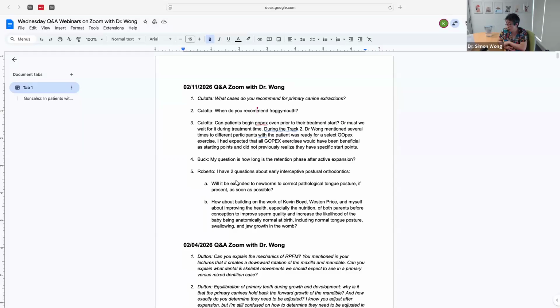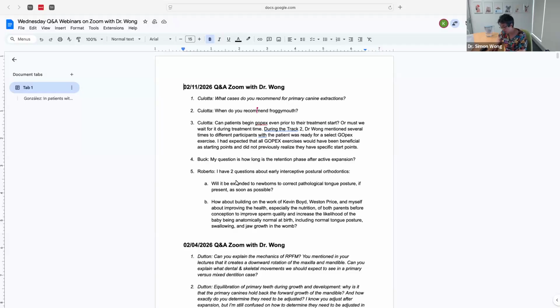So as GoPex is effectively just table manners and speaking manners, it can be a standalone recommendation. It can be a pre-treatment recommendation. It can be a simultaneous to treatment recommendation.